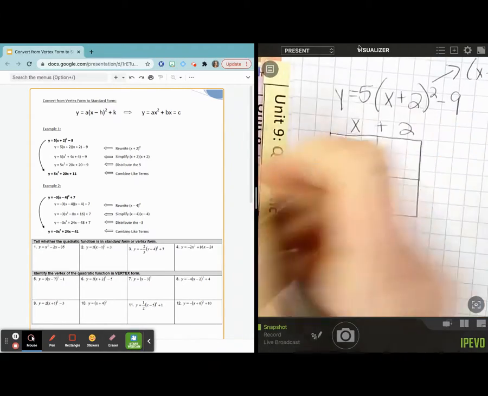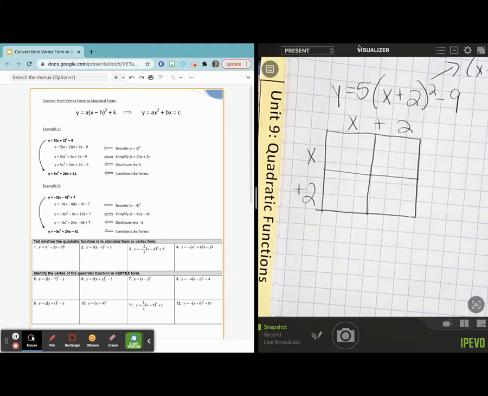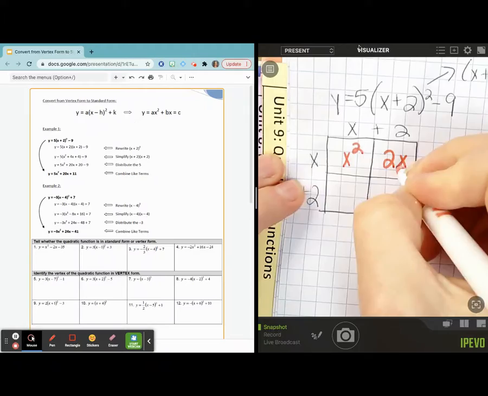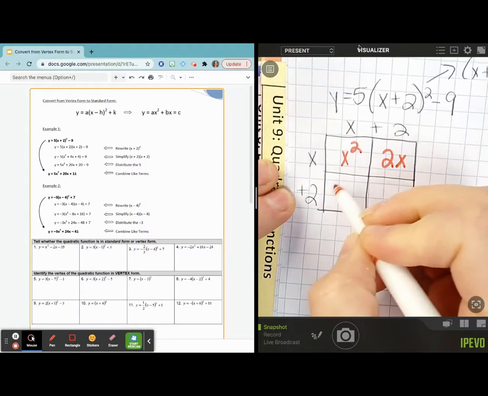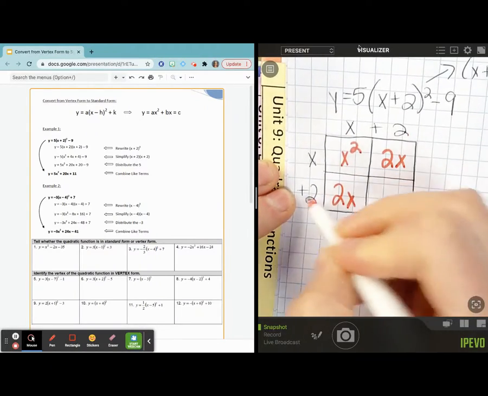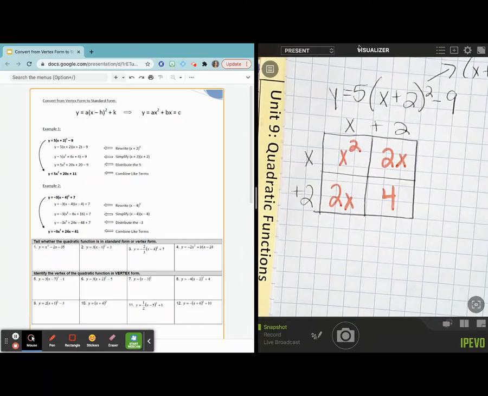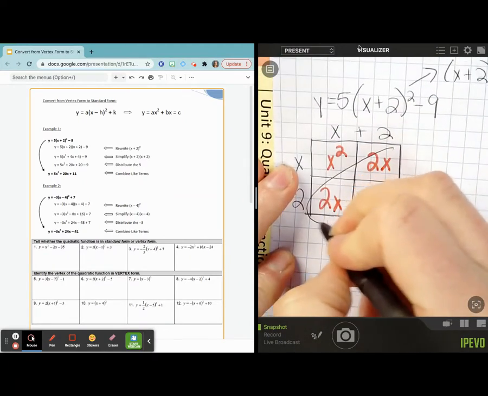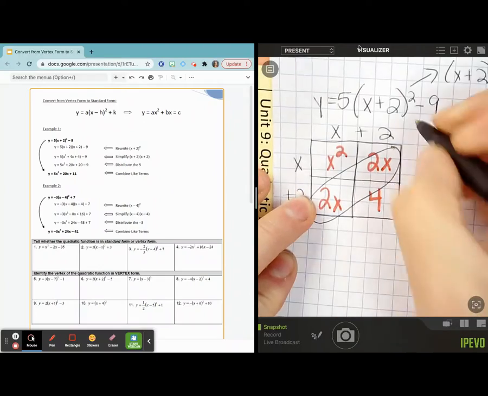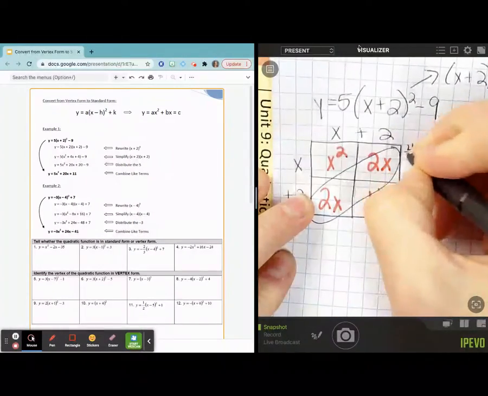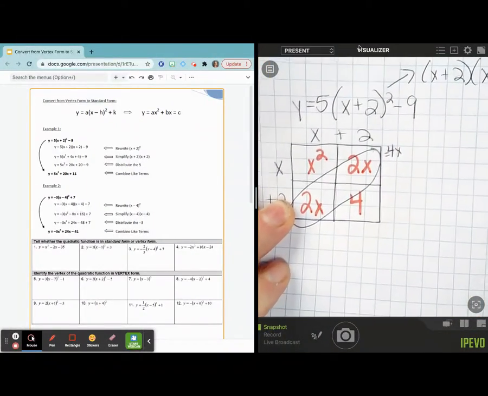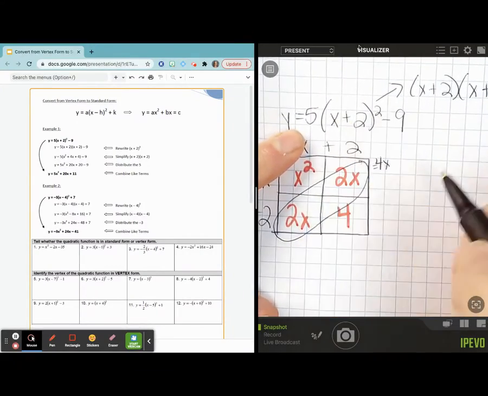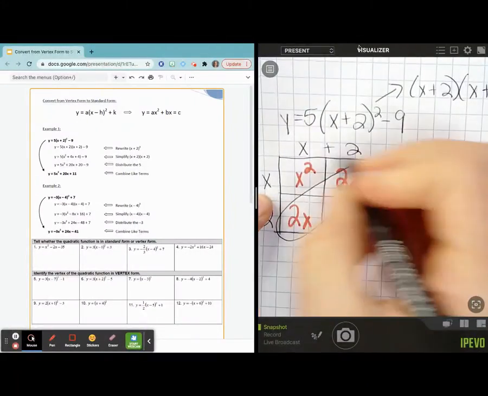We have x times x is x squared. 2 times x is 2x. 2 times x is 2x. And 2 times 2 is 4. Then these are your like terms. 2x plus 2x is 4x.